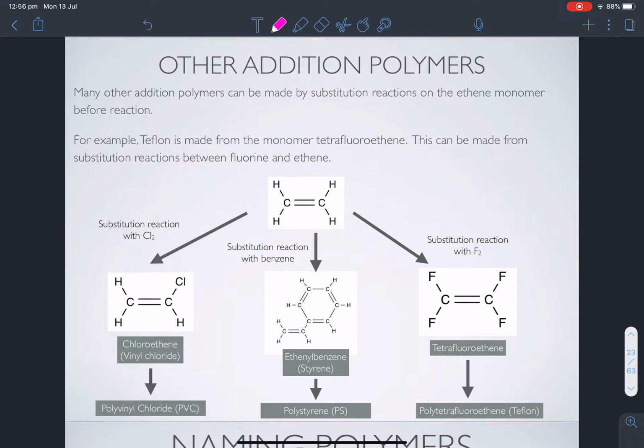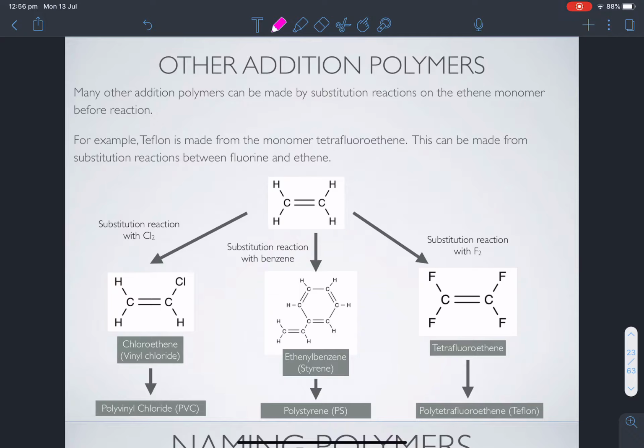Because fluorine is so electronegative, the electron concentration is highest on the outside edge of the chain, and it increases dispersion forces. So Teflon strands stick together really, really well. High melting point of 327 degrees Celsius, very high tensile strength as well.